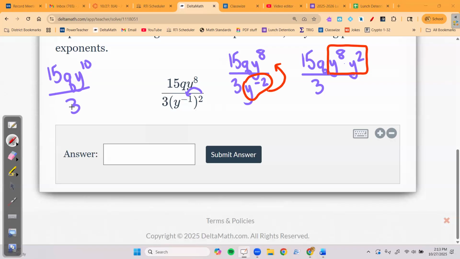But remember when they're side by side like that, you add the exponents together. If I wanted you to multiply them, then it would have been like y to the 8th raised up to the power of 2. That's not what this is. Well, it's because this is a multiplication problem, to be clear, but we don't multiply the exponents. We add them because it's a multiplication problem, which is really tricky.